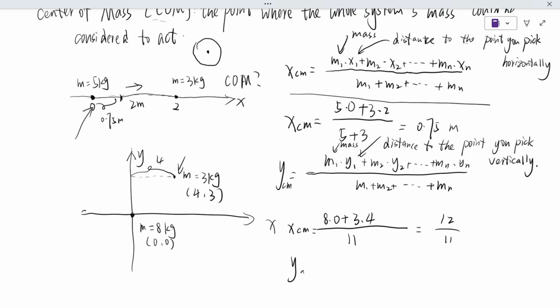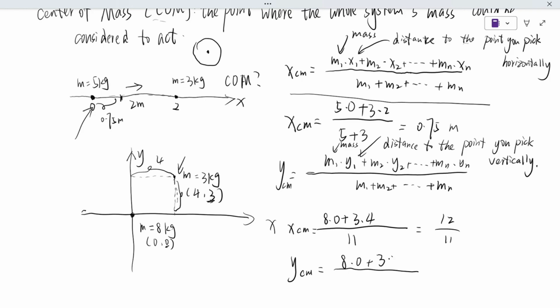And for y, it's basically the same thing. The mass for the first rock is 8 times the distance from this position to the origin. It's still 0, right? Plus the mass for the stone, which is 3, times the position vertically from this stone to the other rock, which is 3.